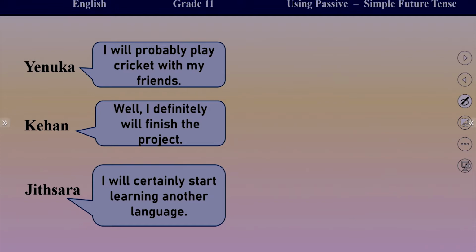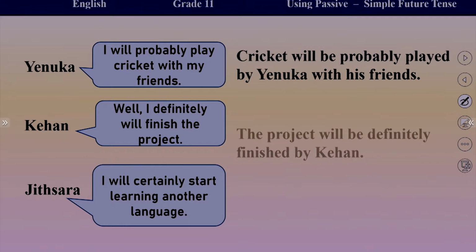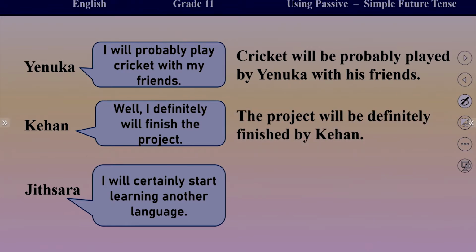Yenuka says, "I will probably play cricket with my friends." And we can say, cricket will be probably played by Yenuka with his friends. And what does Kehan say? Kehan says, "Well, I definitely will finish the project." So we can write it like this. The project will be definitely finished by Kehan.